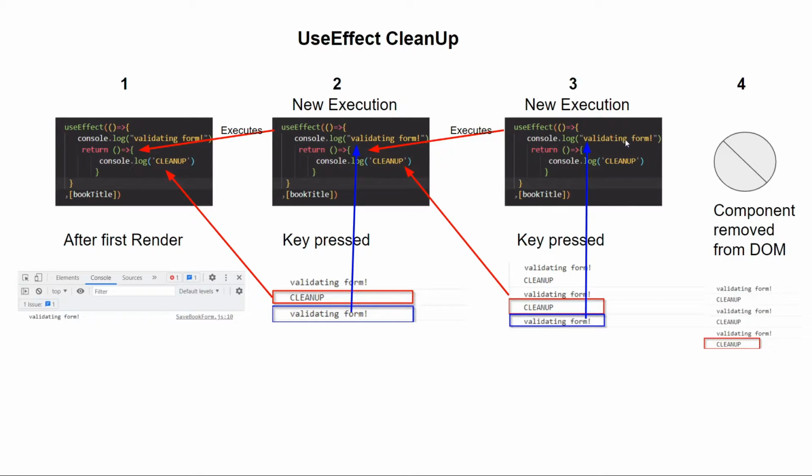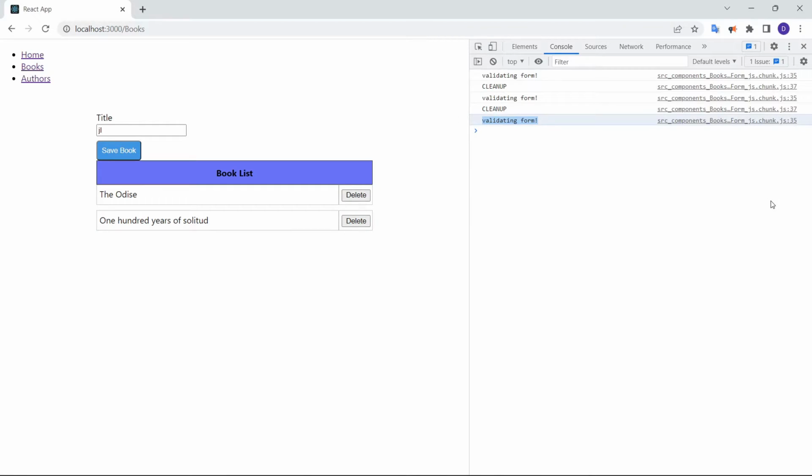Now, what happened in the fourth step? When a component is removed, we only get the cleanup message. There is no other validating form under this message because the component was removed. Let's verify this.